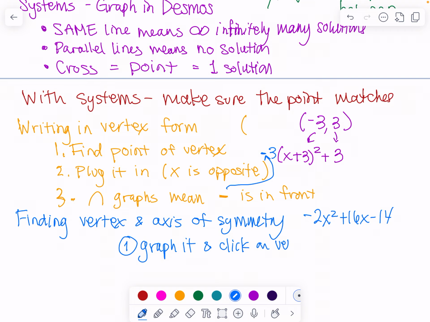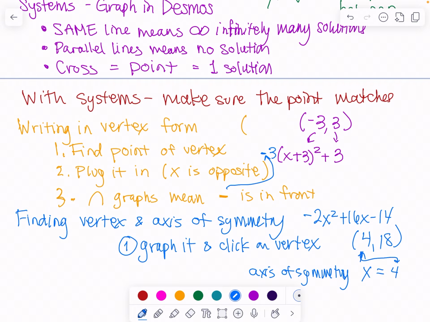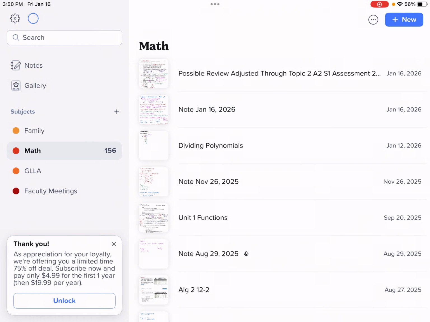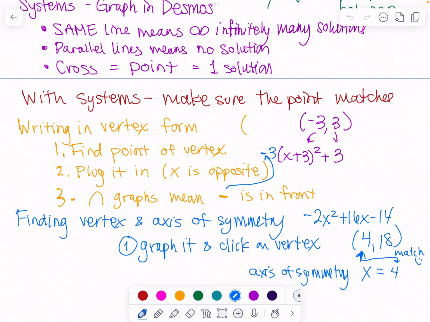So we found that it was 4, 18. And then the next thing that we need to know is the axis of symmetry is x equals 4. It's that same number, right? They have to match. Okay, so that's all we had to have for that. I made it more complicated when I described it with the graph, but we survived, right? Let's come back to the problems.